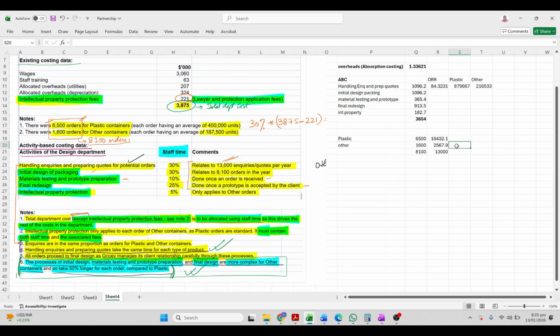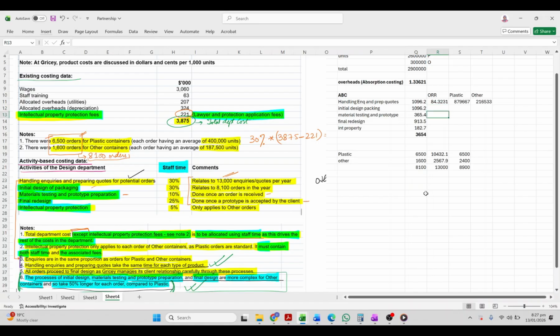So if the number of orders is 1,600 for others, in terms of all these three heads, it will be 1.5 times, 150% time as compared with the plastic. So total number of equivalent time will be this plus this, 8,900.